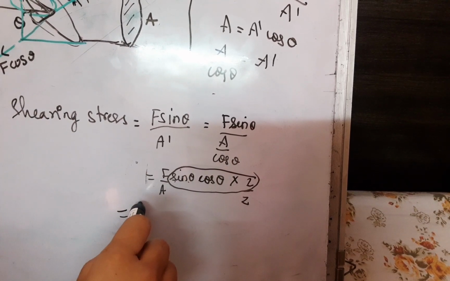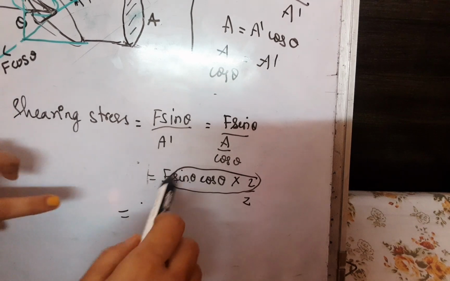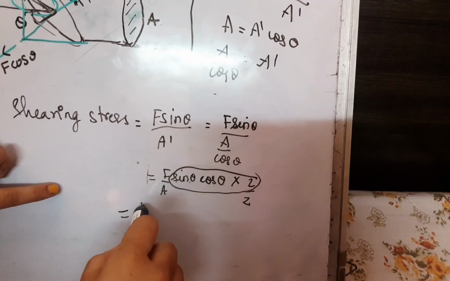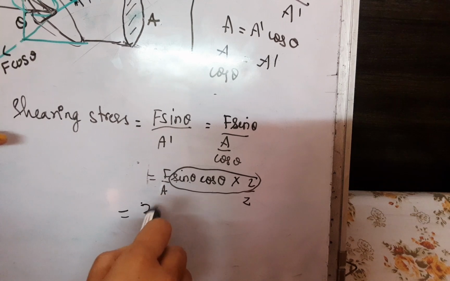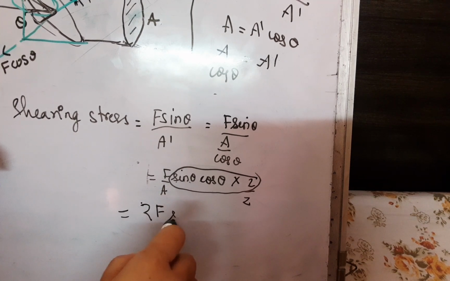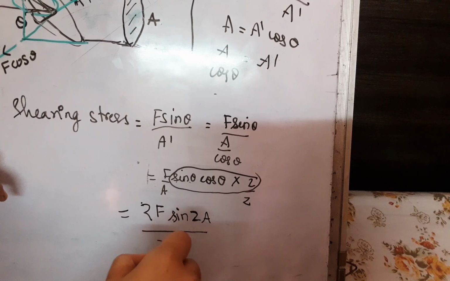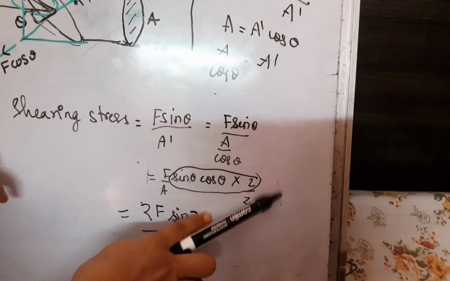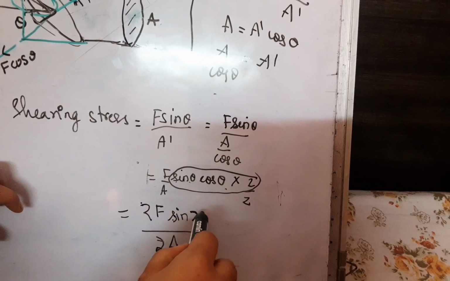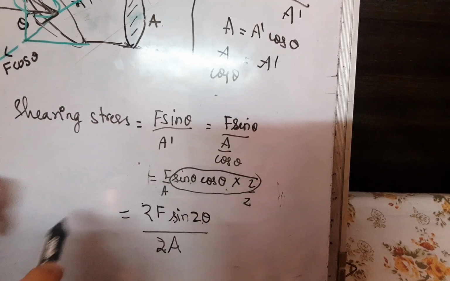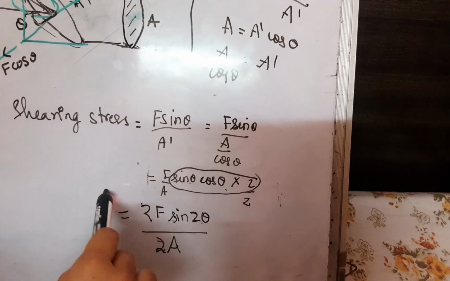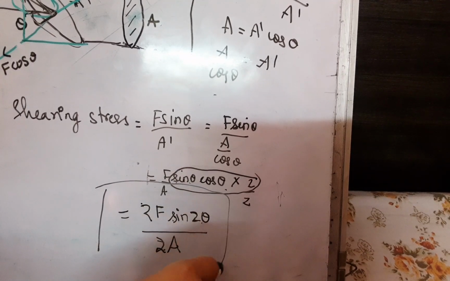So you can write this as 2F sine 2A divided by 2A. So this A here I am considering theta, and this A is area. So shearing stress formula you got as 2F sine 2 theta divided by 2A.